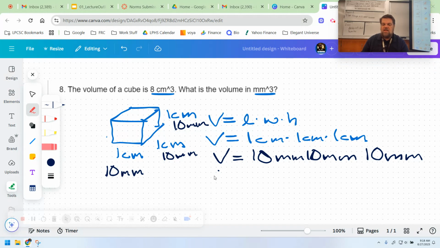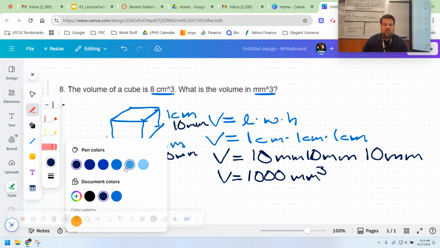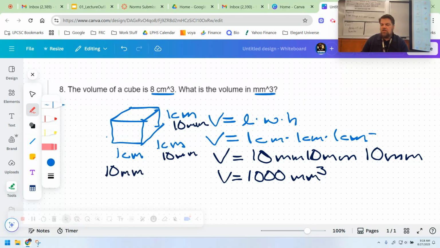And so what's 10 times 10 times 10? Well, 10 times 10 is 100, right? Times 10 again is 1,000. So this would be 1,000 millimeters cubed. And if I finish this one, which I kind of got sidetracked, this is equal to 1 centimeter cubed.